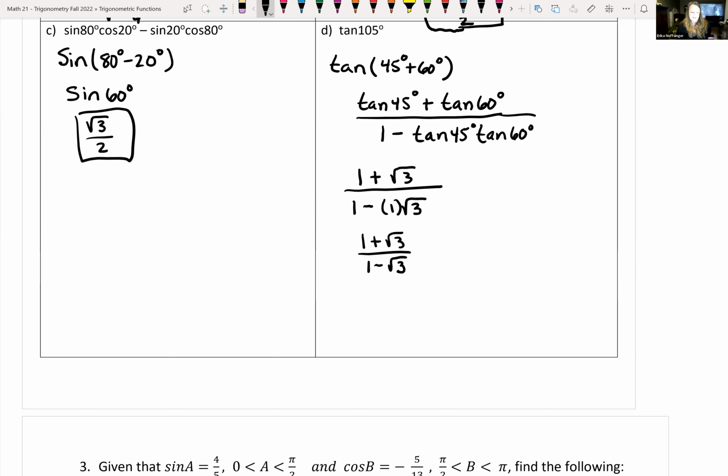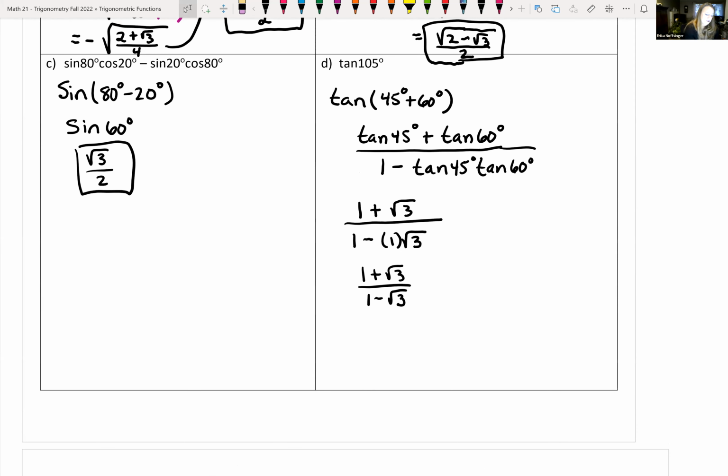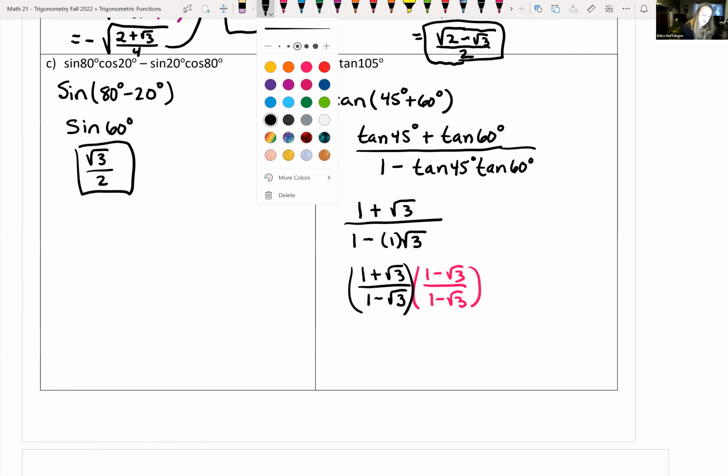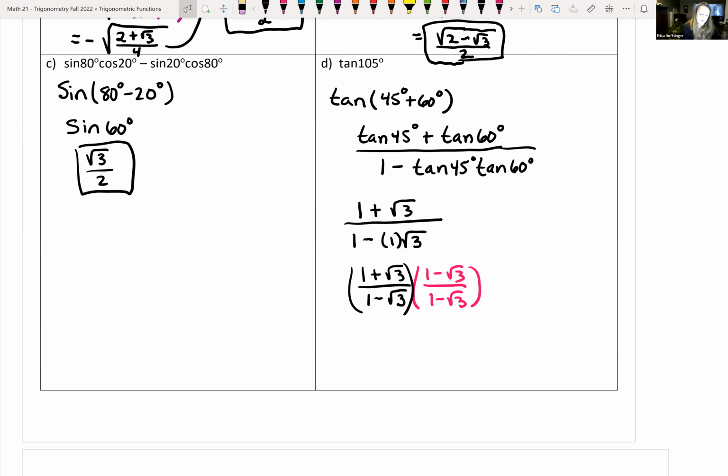So to rationalize the denominator here, I have a difference of 2 terms in the denominator. So I'm going to just multiply by the conjugate of that. So I'm going to multiply by, again, a fancy 1. In this case, it's going to be 1 minus root 3, all divided by 1 minus root 3. So distributing, in the numerator, actually, I made a mistake.